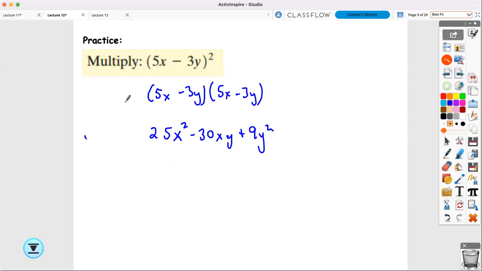If you got this, you are correct. I'm sorry, I don't mean to scare you or leave you thinking that you're failing, but you got it. If you got 25x squared minus 30xy plus 9y squared, you are correct.